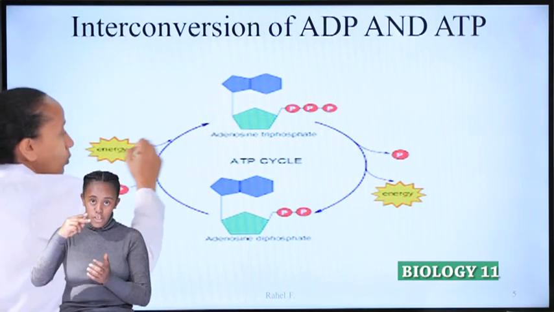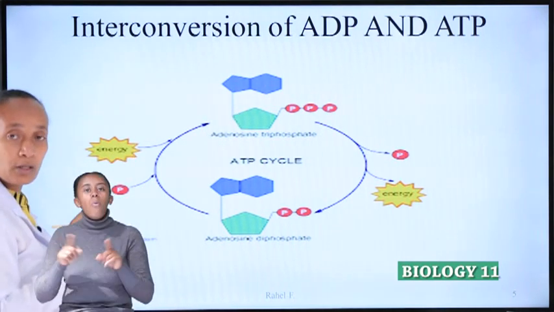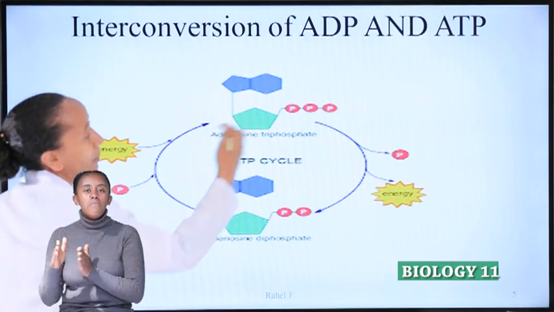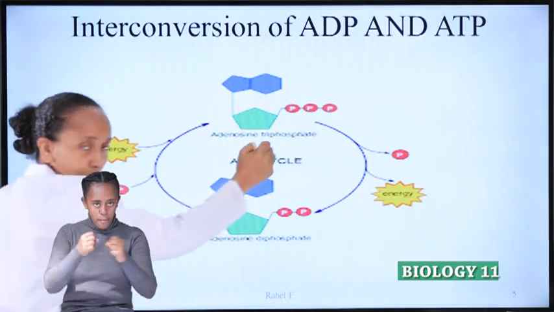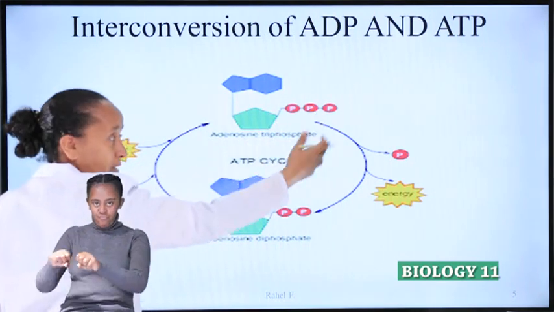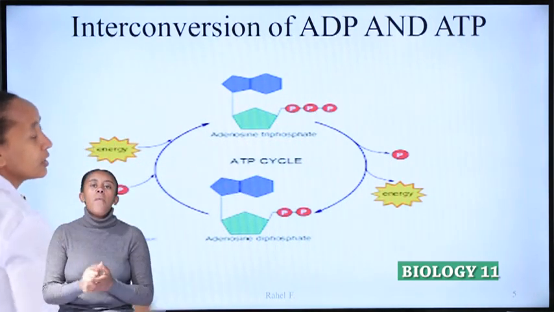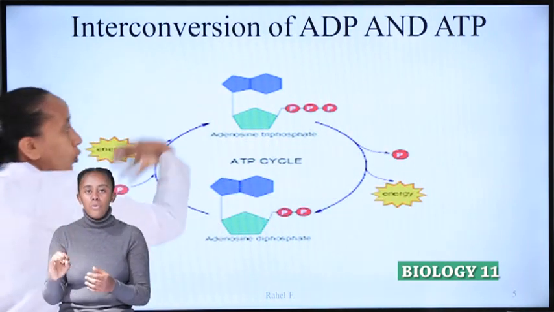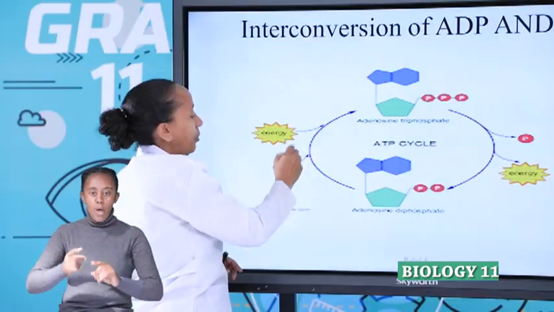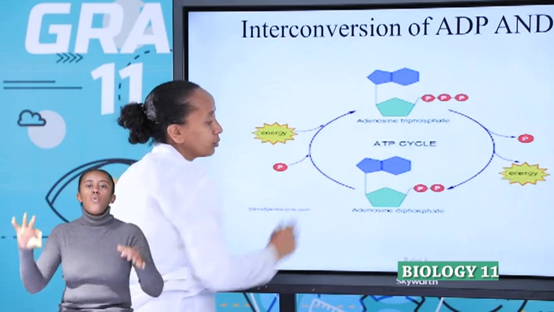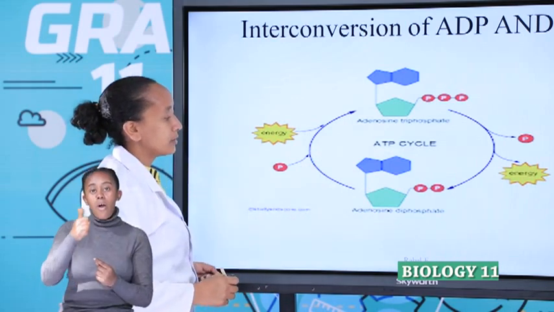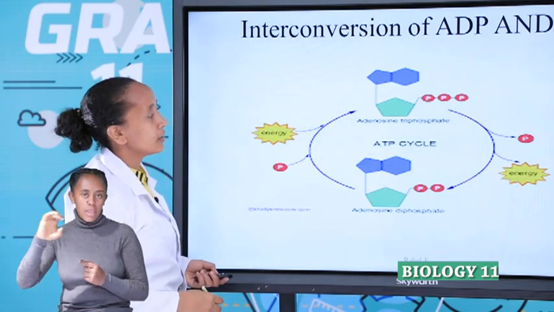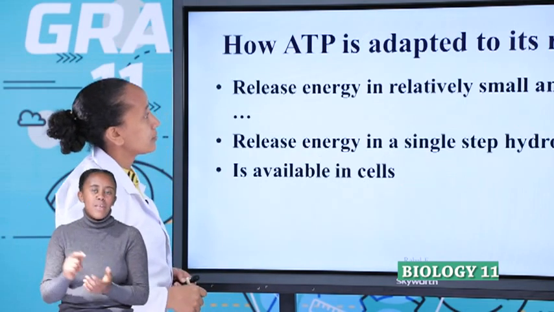At this time, energy will be stored. Therefore, ATP can provide energy by breaking the last phosphate bond when cells need energy, and this energy will be used by the cell, and again the molecule will be reformed by joining a phosphate group to adenosine diphosphate. This is how ATP releases energy for cells.